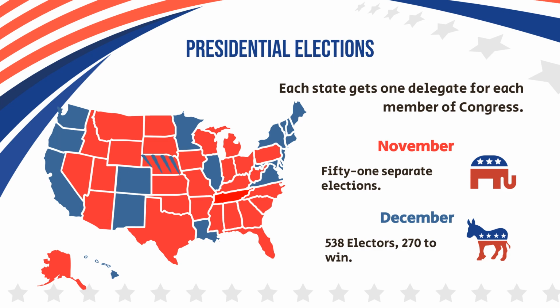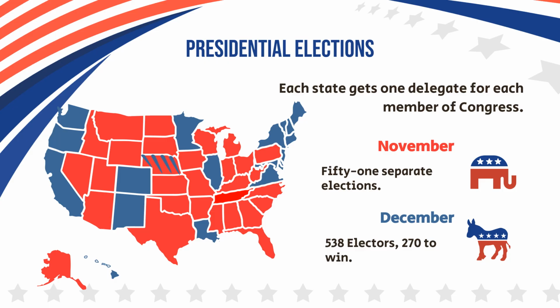During the November election, you have a series of 51 separate state-level elections. Now, to be clear, these elections are purely democratic. However, it can be confusing if you are not careful. And this is true for 2 reasons. Number one, as I mentioned, these elections are carried out at the state level.